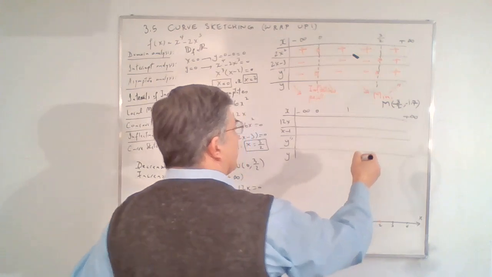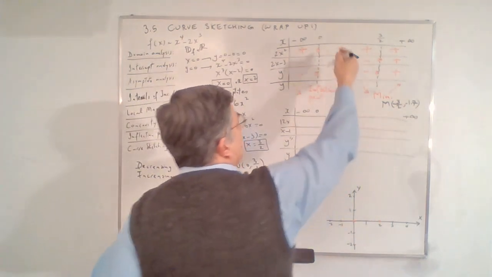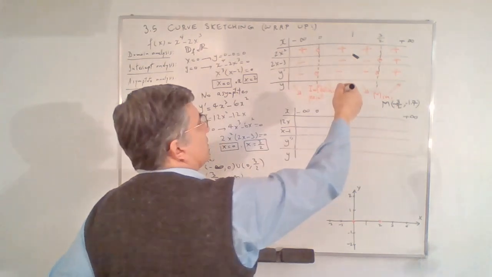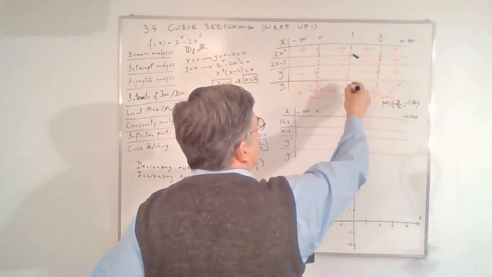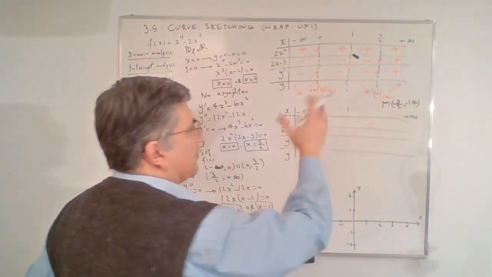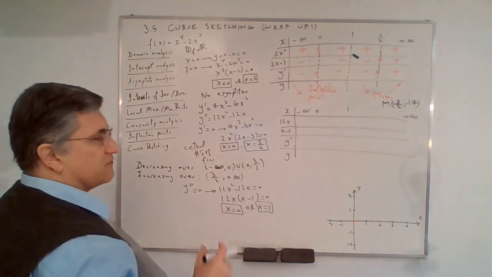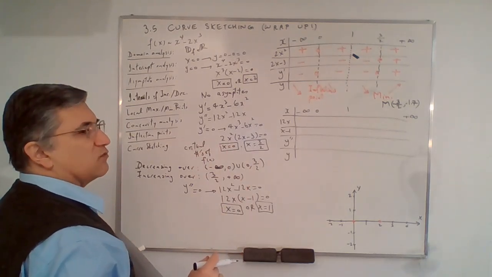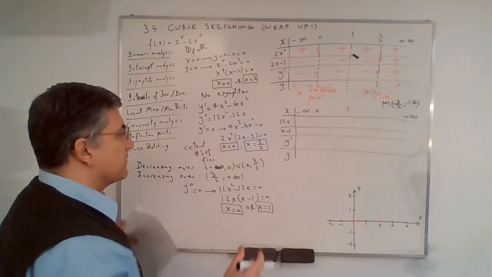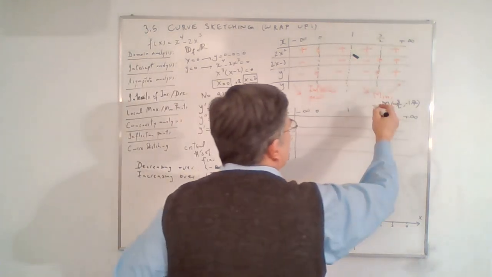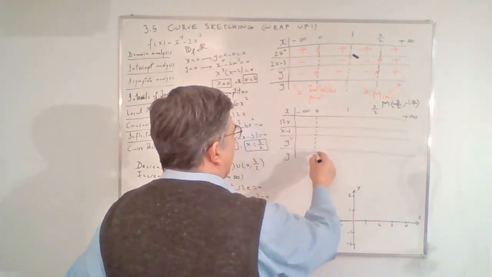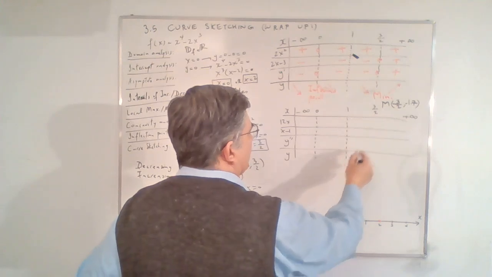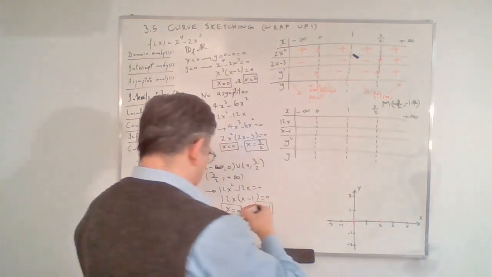I'm going to have 1. And I'm going to include this one in my other chart as well. It's between 0 and 3 over 2. And you see that nothing, of course, changes there. But it doesn't make any change in the first chart because x equals 1 was not the root of y prime equals 0. And here I'm going to include 3 over 2. Okay, in this other chart, again, it's not going to make any difference because 3 over 2 is not the root of y double prime equals 0, clearly.